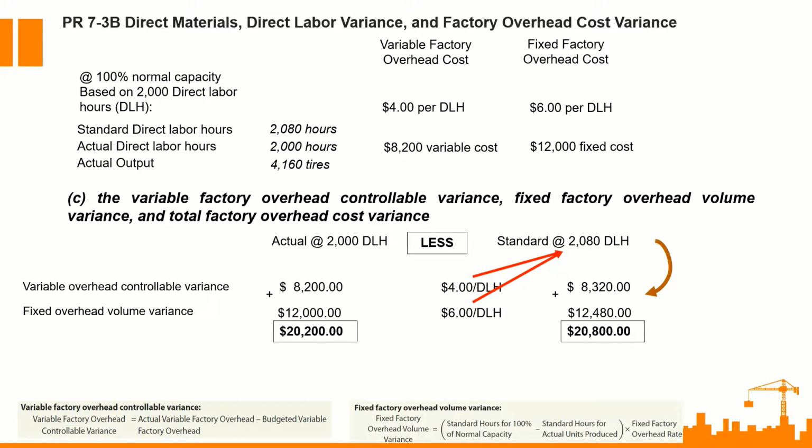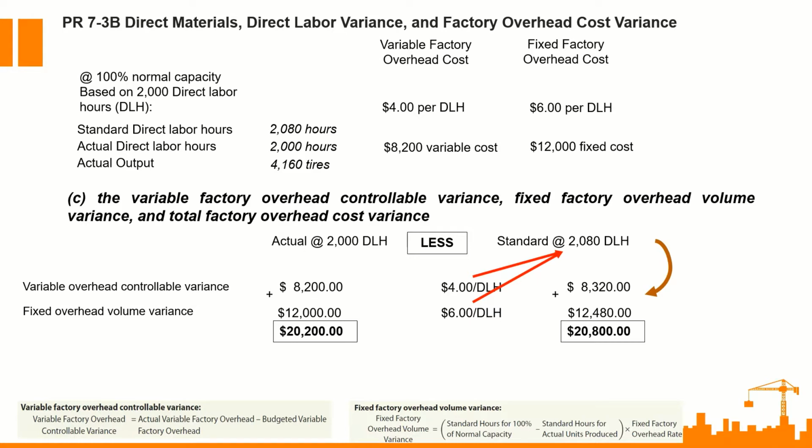So now we have a formula for solving factory overhead cost variance. When we compute the variance based on the individual cost, note that the variable overhead controllable variance is the difference between the actual and applied based on standard direct labor hours. It is the same for fixed overhead volume variance.